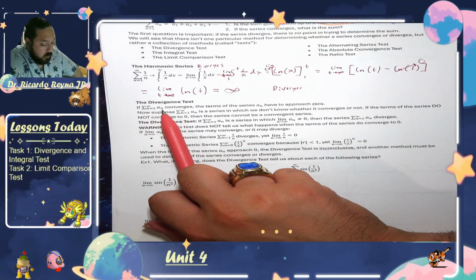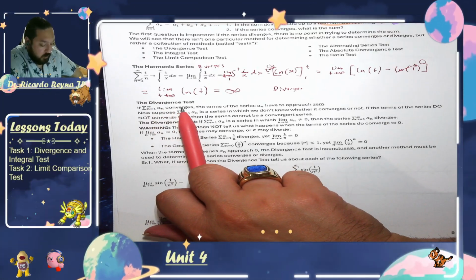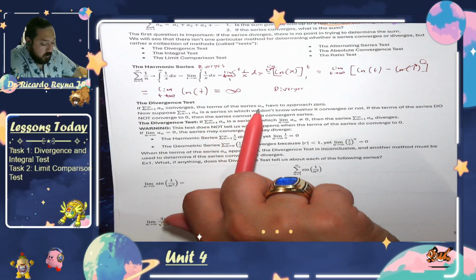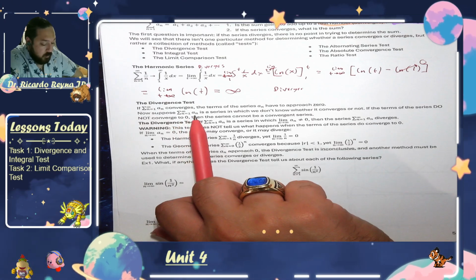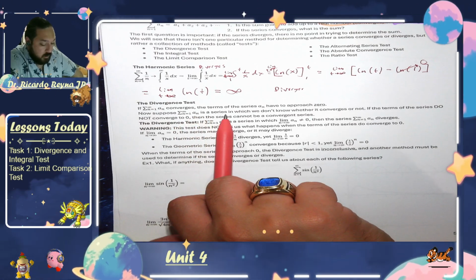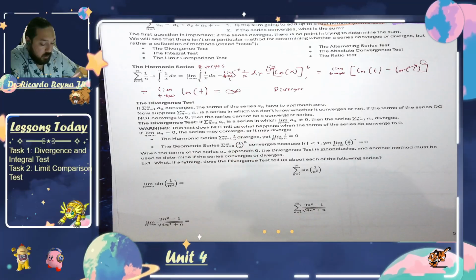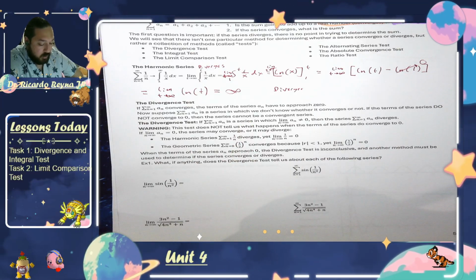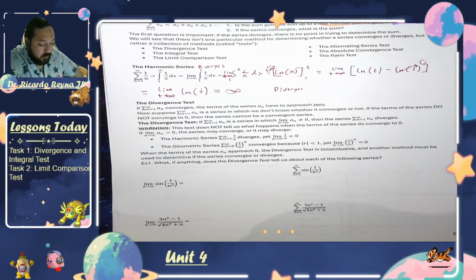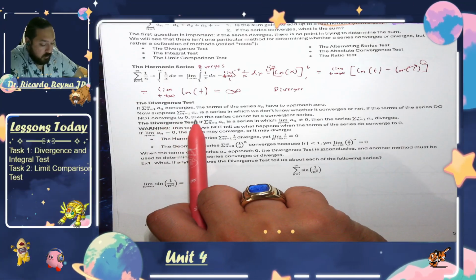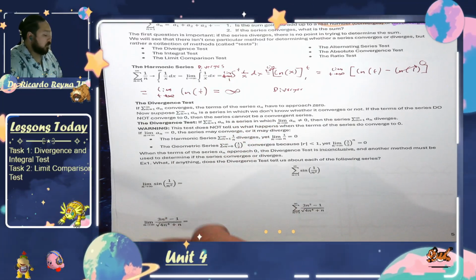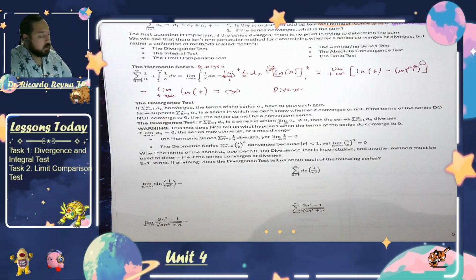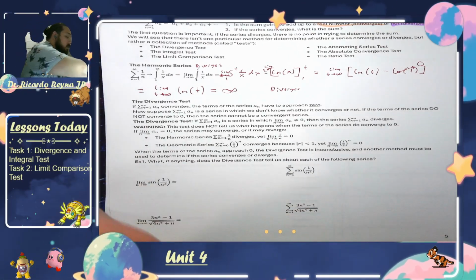Now, let's go over one of the tests, the divergence test. If the sum of a series converges, the terms of the series have to approach 0. Now suppose the sum of the series is a series in which we do not know whether it converges or not. If the terms of the series do not converge to 0, then the series cannot be a convergent series. Therefore, we have our first divergence test.